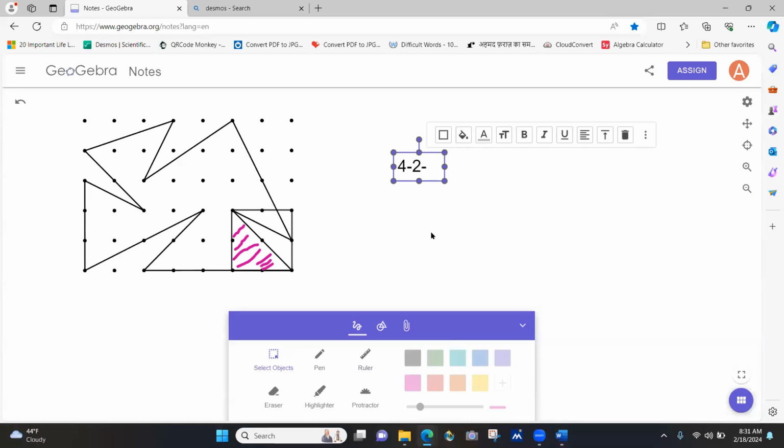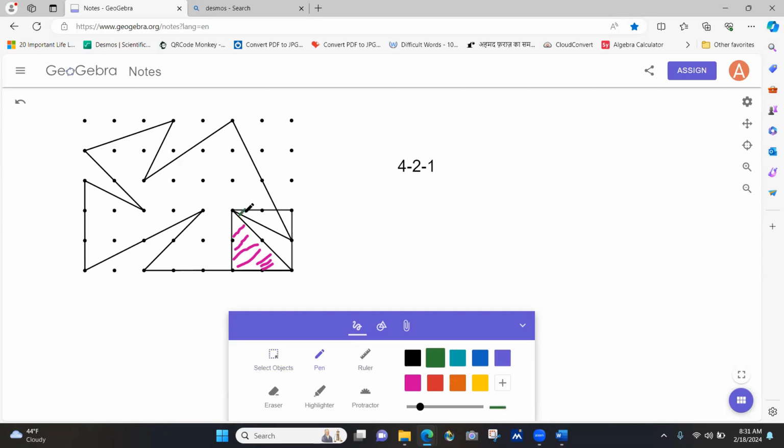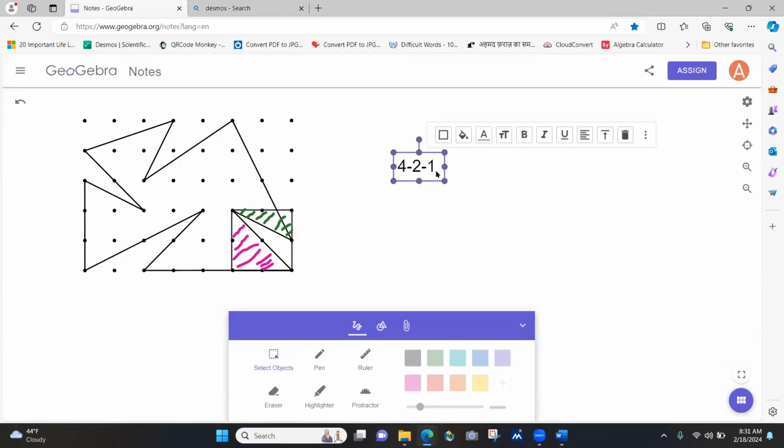And the last triangle has an area of 1. This green triangle has an area of 1 because it's 2 times 1. The base is 1. The height is 2, which is 2 divided by 2 is 1. So this has to be 4 minus 2 minus 1, which is 4 minus 3, or 1.